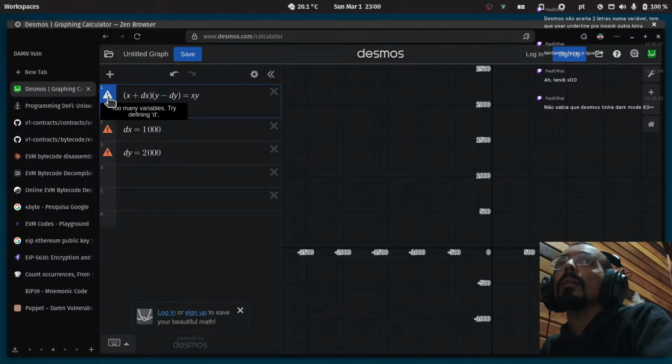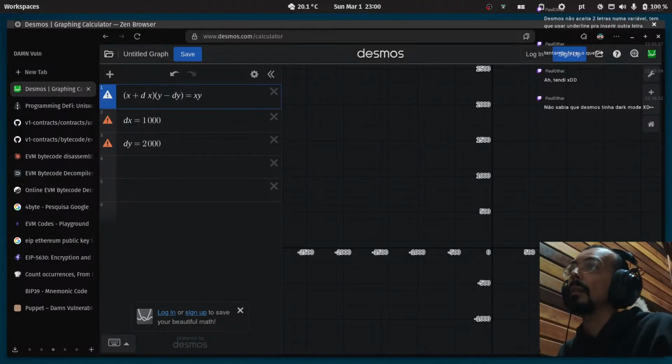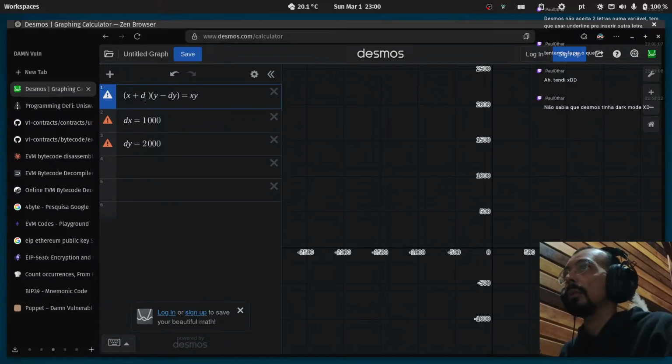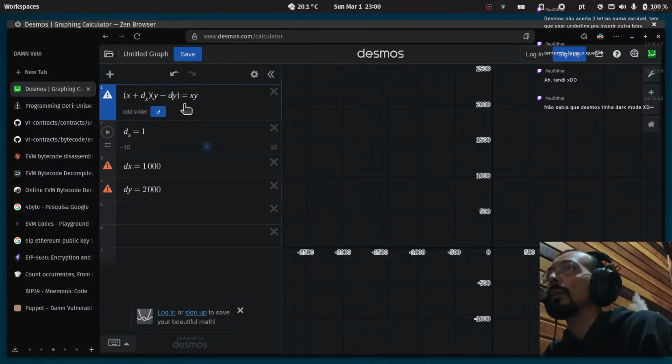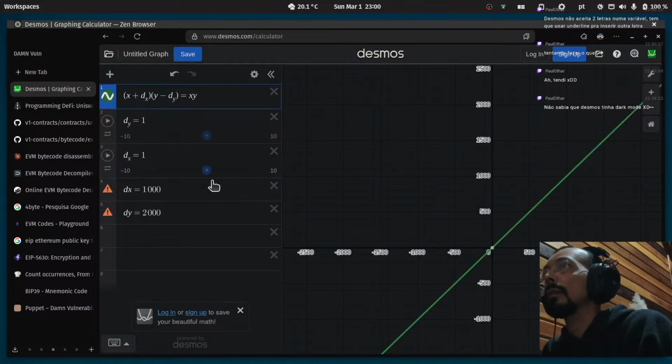It doesn't accept two letters for a variable. You have to use an underscore. Oh, underscore. Like LaTeX, right? I forgot everything about LaTeX. Okay, nice. Thank you. We have a mathematician here to save us.